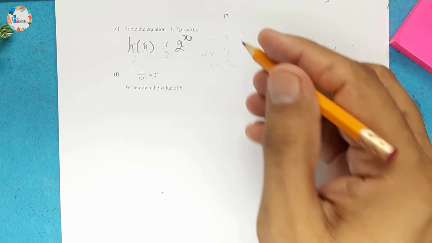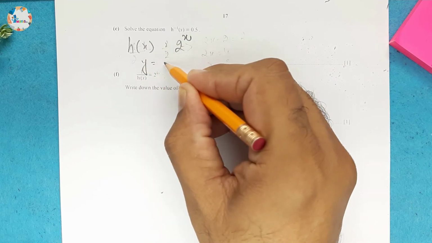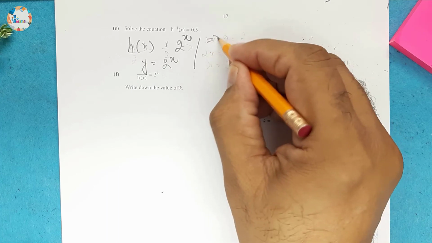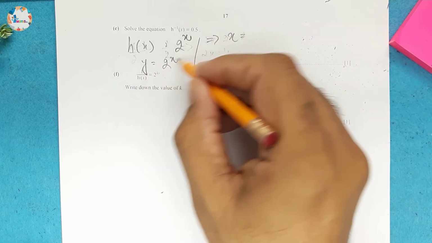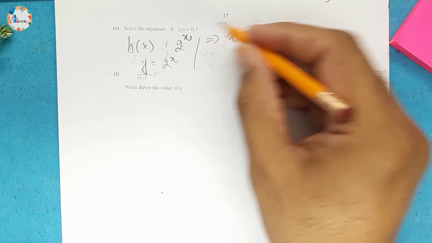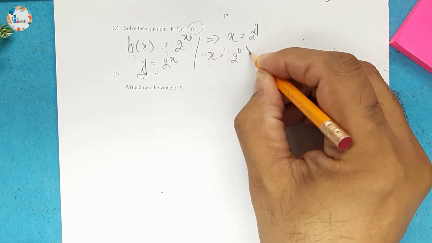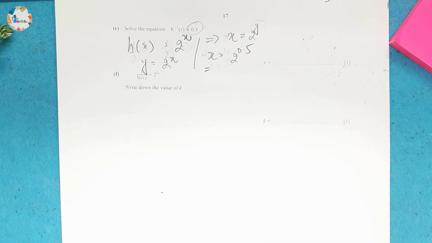So we can write this as y is equal to 2 raised to the power x, and this implies we can write x is equal to 2 raised to the power y, and the y value is basically this inverse, so we can write x is equal to 2 raised to 0.5, and this one we can solve with the help of a calculator.